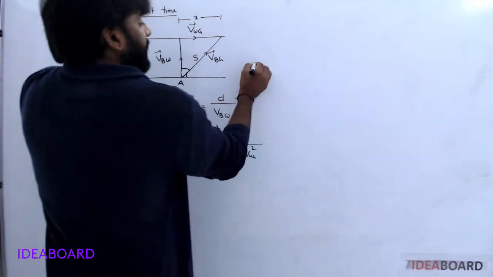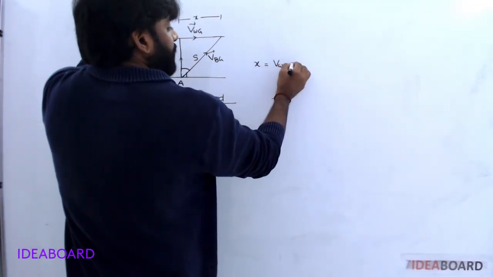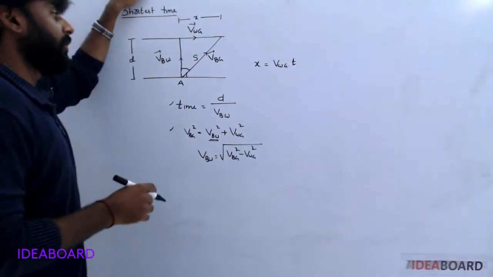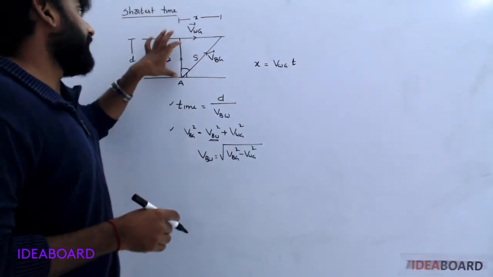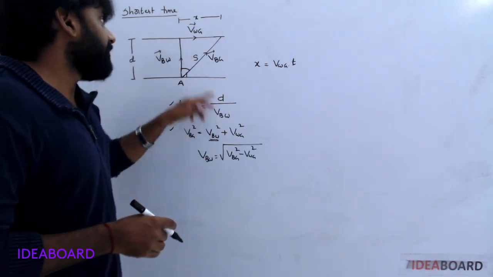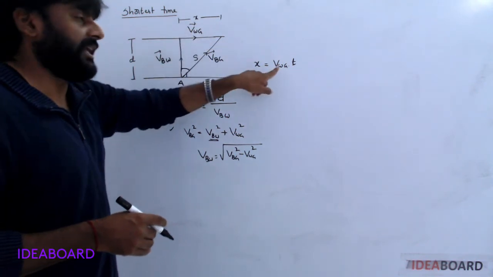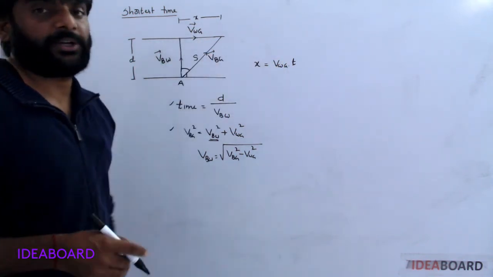Now, what about drift? Drift is equal to water velocity with respect to ground into time. In this case drift is x. Drift is equal to velocity into time, where velocity is water with respect to ground.